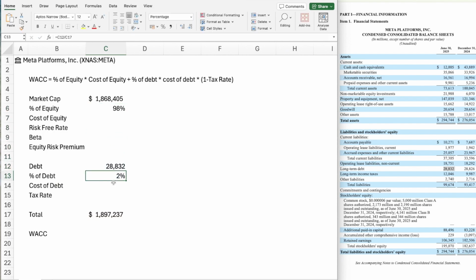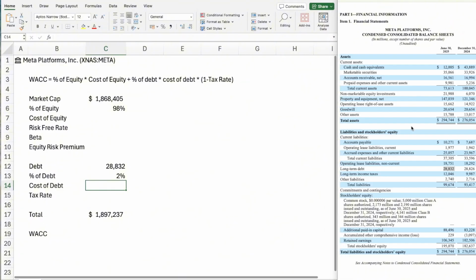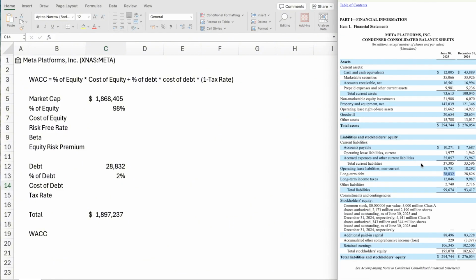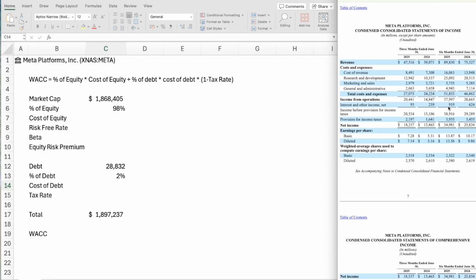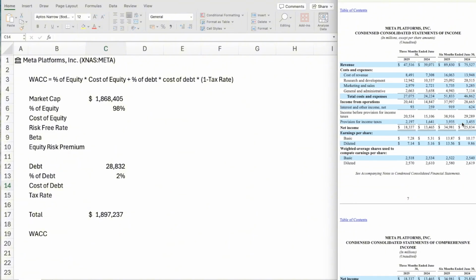Very good. And the cost of debt, let's see if they have that. One way that we can work it out is we take the interest payment for the full year and divide it by the total debt. So if they're paying 900 million in the first 6 months, that's one way to do it.